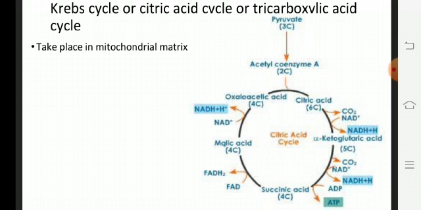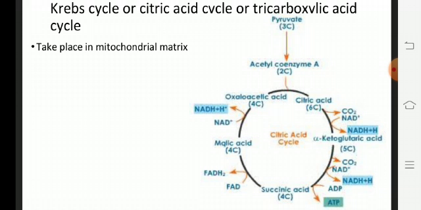Then succinic acid is again dehydrogenated. There will be a removal of water and a formation of malic acid. Succinic acid is converted into malic acid, which is also a 4-carbon compound. Here the hydrogen is accepted by FAD, which is reduced to FADH2.